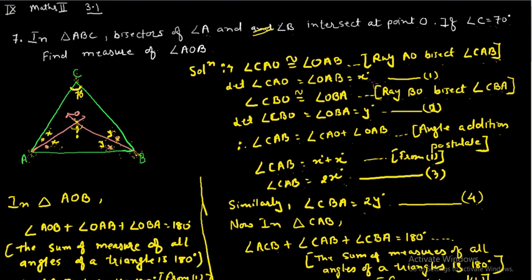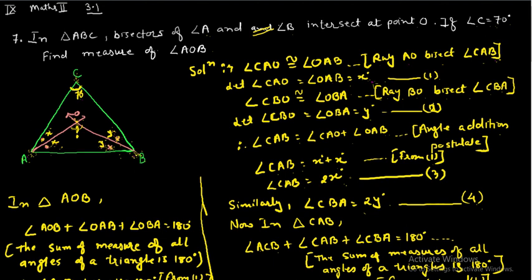At that time I have to add angle CAO and angle OAB, that means this angle and this angle. So we will assume this as x. To find the value of CAB, we will add CAO plus OAB, that means 2x.